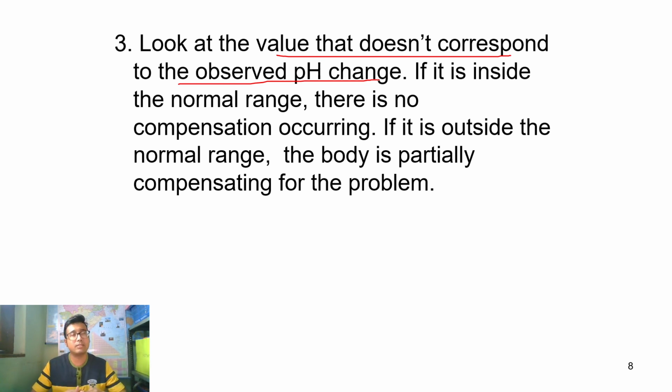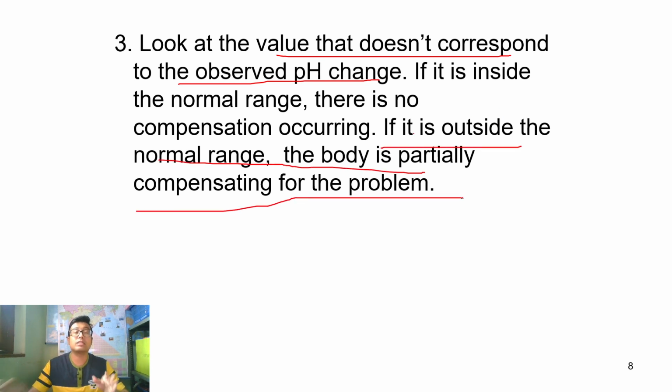If bicarbonate goes high, pH is going in the opposite direction, so directly not corresponding, it is a compensatory change. Similarly, values of PCO2 will also go high and go low depending on whether it is primary or a compensatory change. Okay, so if it is going outside the normal range, the body is partially compensating the problem. Other than diagnosing whether the disorder is compensated or not, the next step is telling whether the disease is fully or partially compensated.